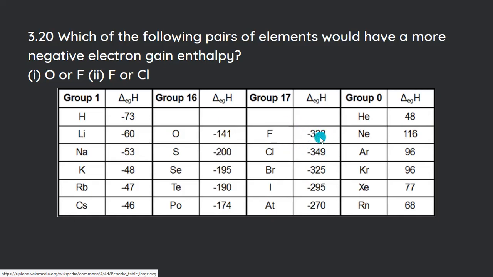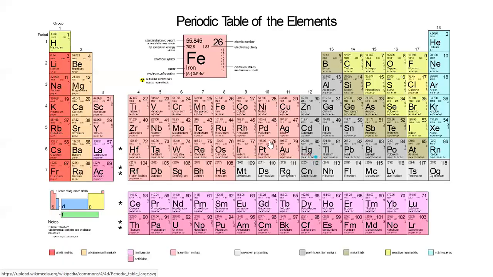The reason being, it is very easy for these elements to take an electron in, so the energy required for it is not very high, and the energy released is high. So it's more negative. In the case of oxygen and fluorine, fluorine can very easily gain just one electron and get the inert configuration. So it's more negative than oxygen.